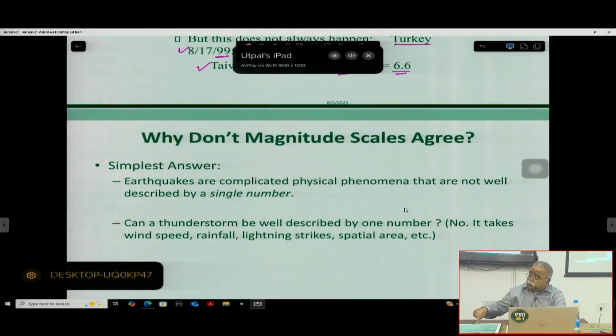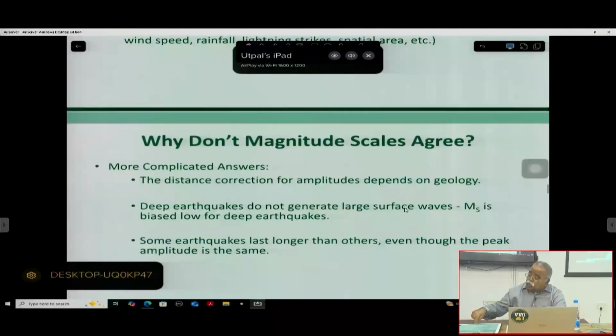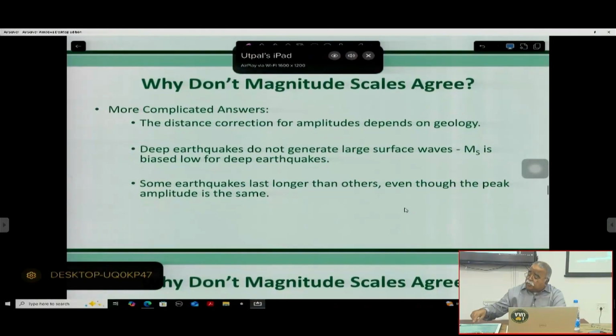The distance correction for the amplitude depends on the geology. If it is one rock type and you have applied a distance correction, a different rock type may not have the same distance correction.